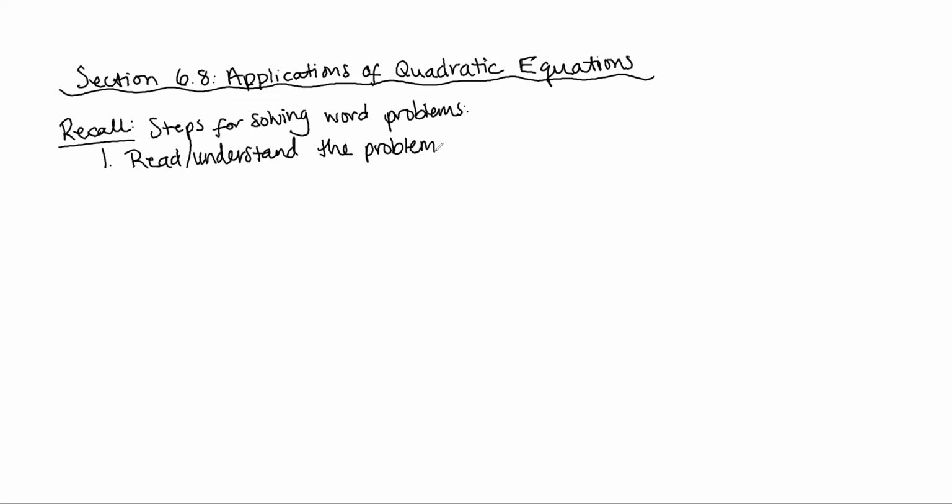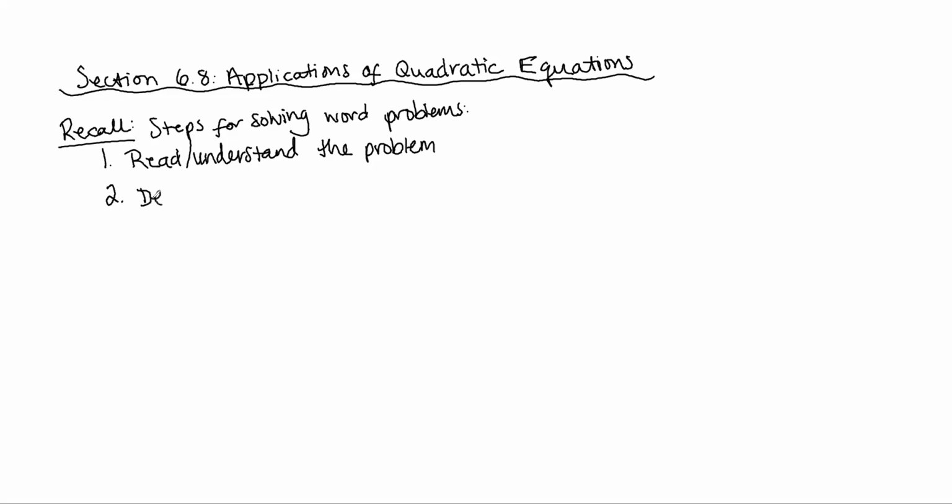So that might mean reading through the problem a few times so that you can really understand what information they're giving you and what you need to figure out. So most of the time I'll go through and kind of underline important parts while I'm reading through the problem.